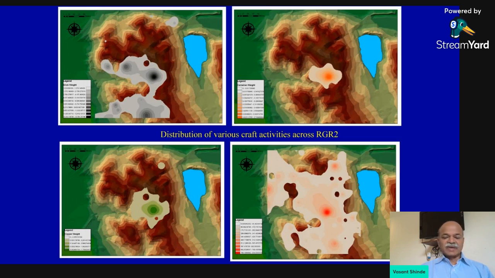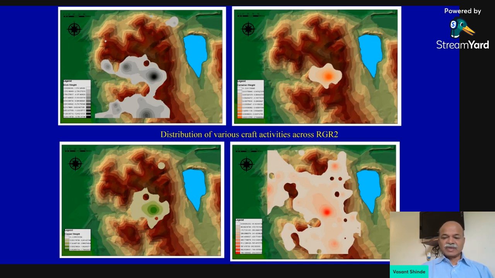For example, we have been able to identify different craft manufacturing activities on mound number 2, and that was reflected in our data. We were able to identify where the big structures are, based on our research.